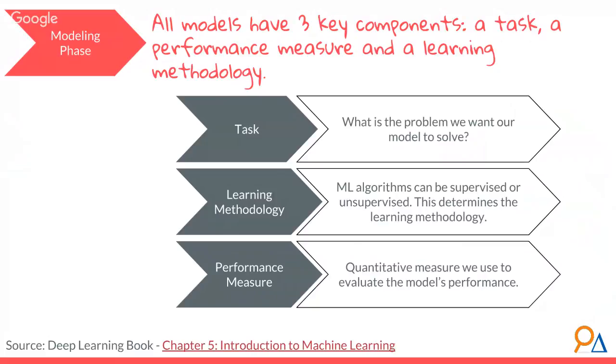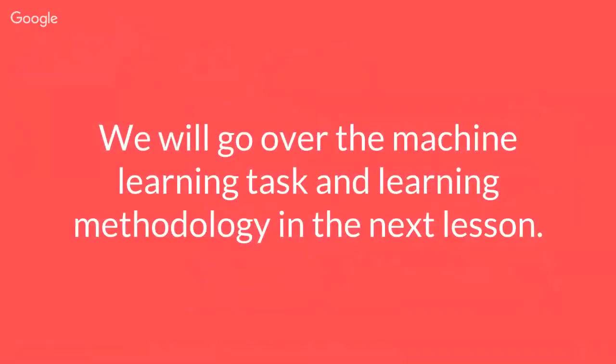If it's unlabeled, that's unsupervised. Performance measure: a quantitative measure we use to evaluate the model's performance. Here we check how our model is performing. We'll go over the machine learning task and learning methodology in the next module, where we'll get deep into machine learning and that whole modeling process.